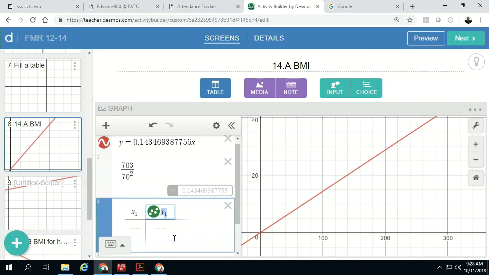Any ideas? 0.143 X1. Does that make sense? In other words, whatever weight I put in, I take it times 0.143, and I will get the BMI.